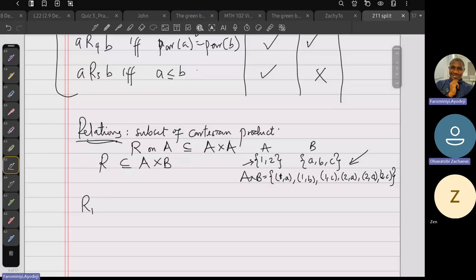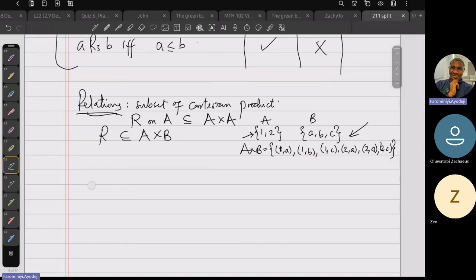Okay, before we continue, let me go back to something. When I say an element of a relation, these ordered pairs are called elements of the relation. Are you with me? Yes, sir. And we did an example.